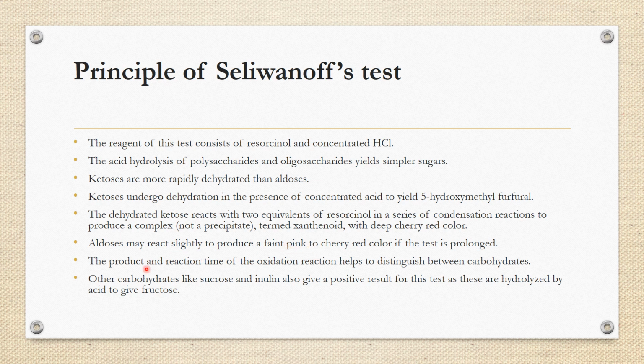So through the final product and the reaction time, these two factors, we can distinguish between the ketoses and aldoses. Other carbohydrates like sucrose and inulin also give a positive result for this test, as these are hydrolyzed by acid to give fructose.